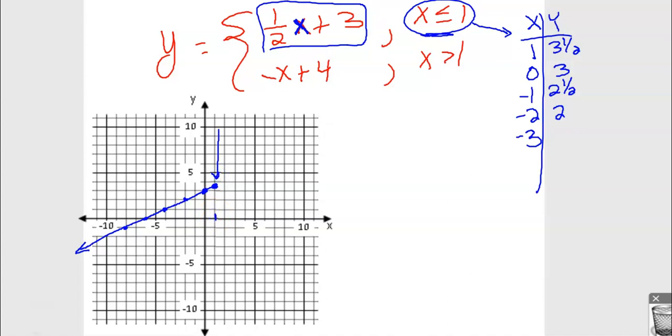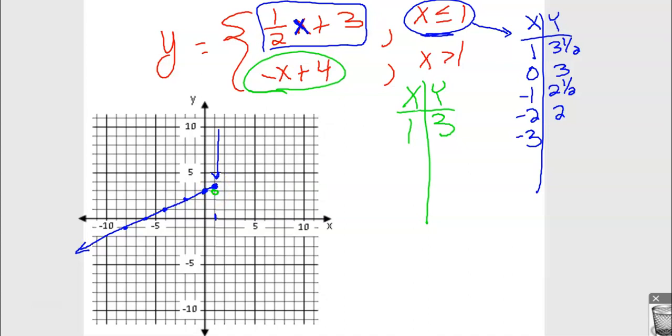X equals 1. All right, so if we look at the second one, negative x plus 4, and again, x is greater than 1. So if I plug 1 in, I'm going to get 3. Now, at 1, 3, you're going to have an open circle. It cannot be equal to it.